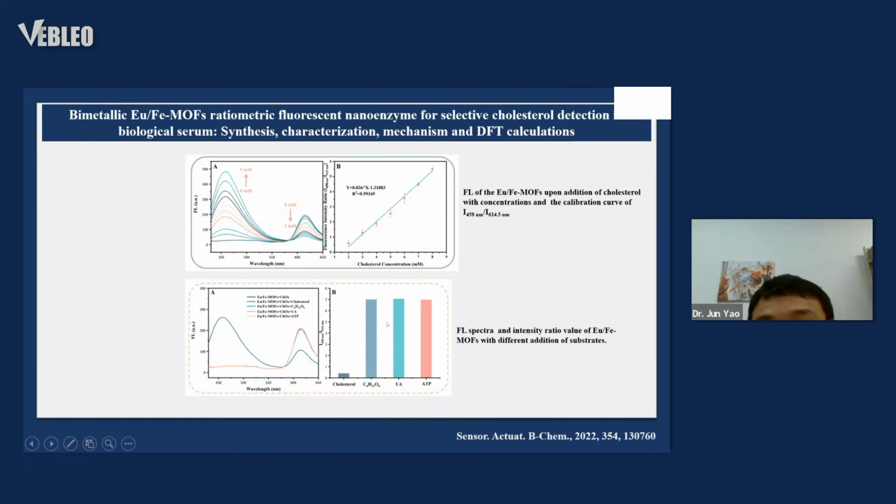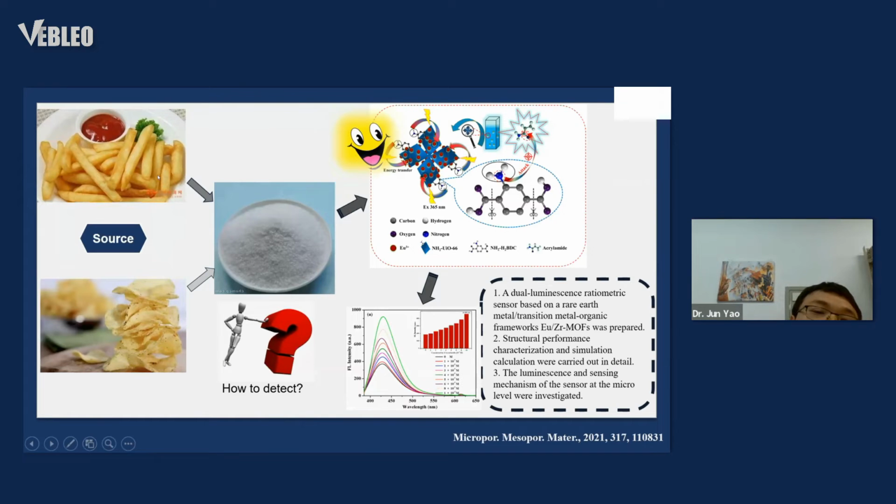From this picture, we can see for detection between them, they are MOFs with dual band luminous.